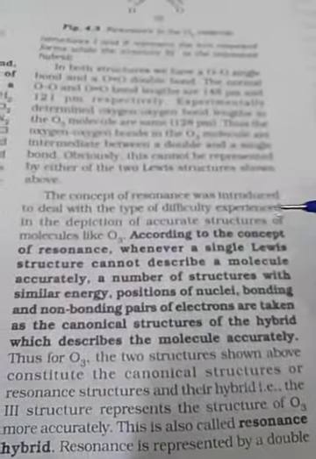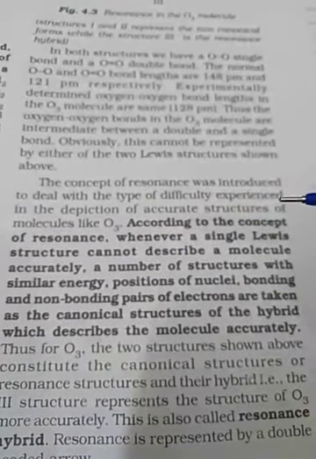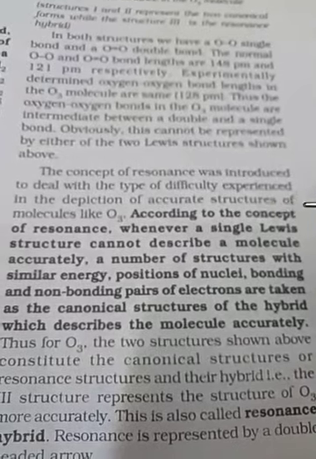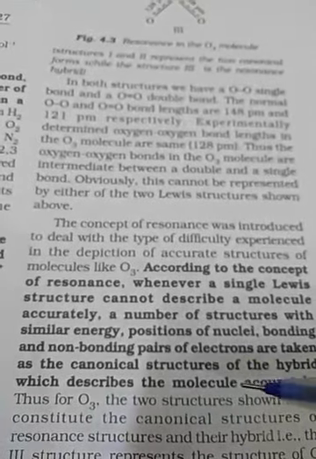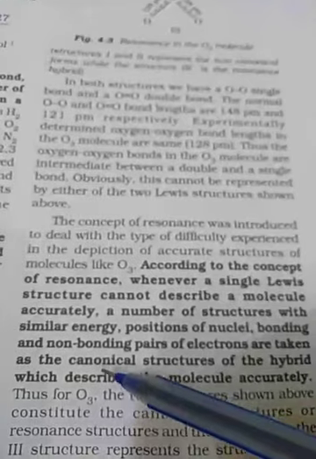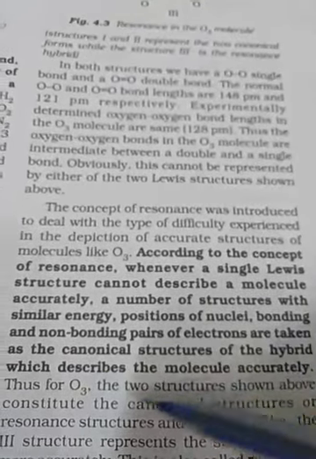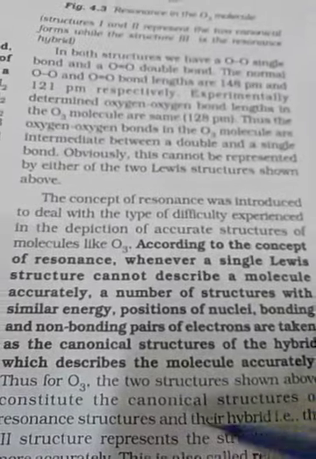Now according to the concept of resonance, whenever a single Lewis structure cannot describe a molecule accurately, a number of structures with similar energy, position of nuclei, bonding and non-bonding pairs of electrons are taken as the canonical structures of the hybrid, which describes the molecule accurately.